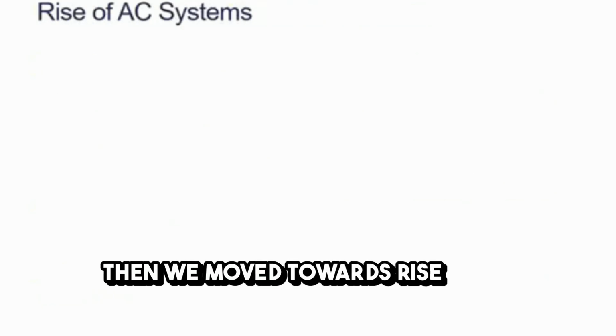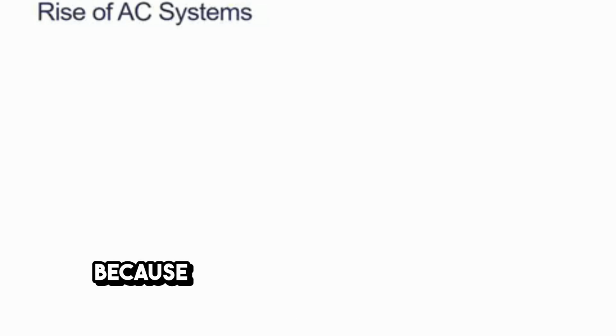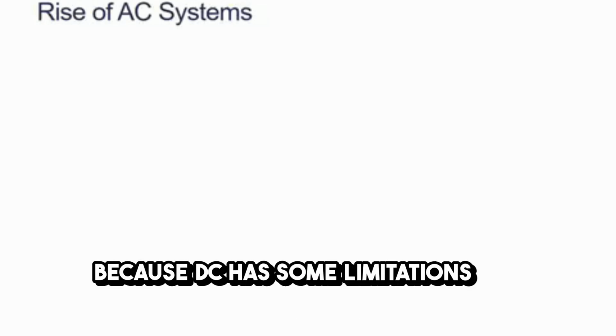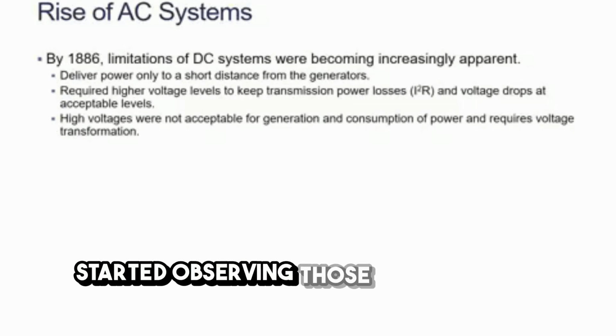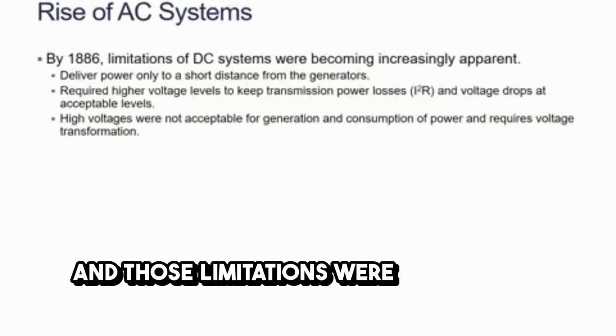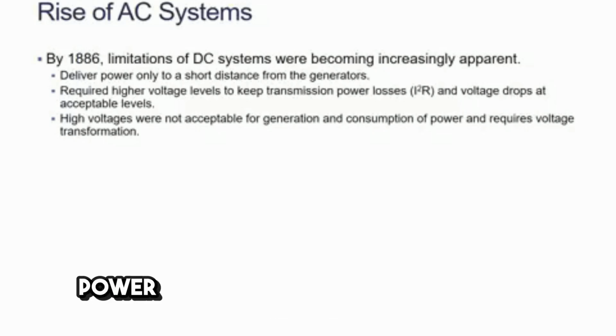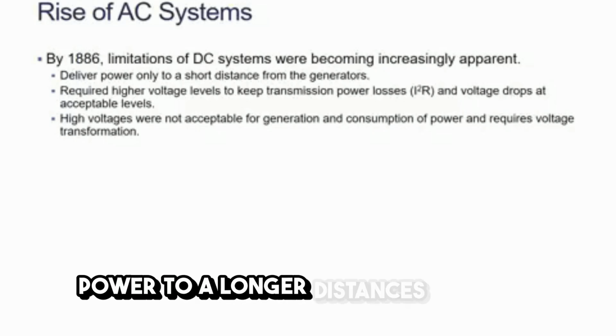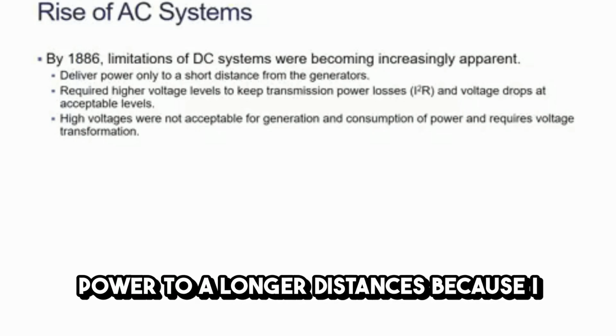Then we moved towards the rise of AC systems. Why? Because DC has some limitations, and people started observing those limitations by 1886. You cannot deliver power to longer distances, because of I squared R losses.